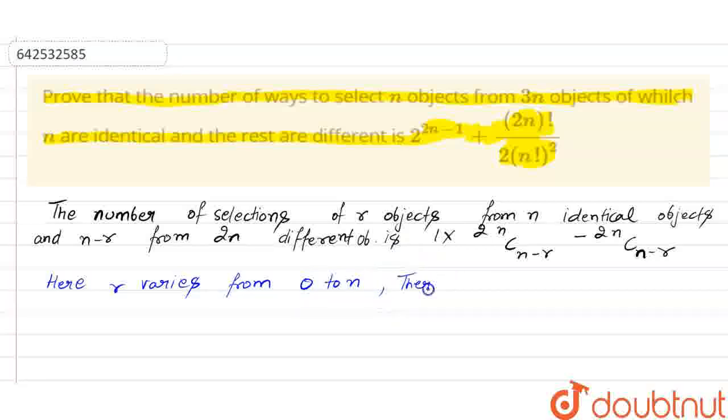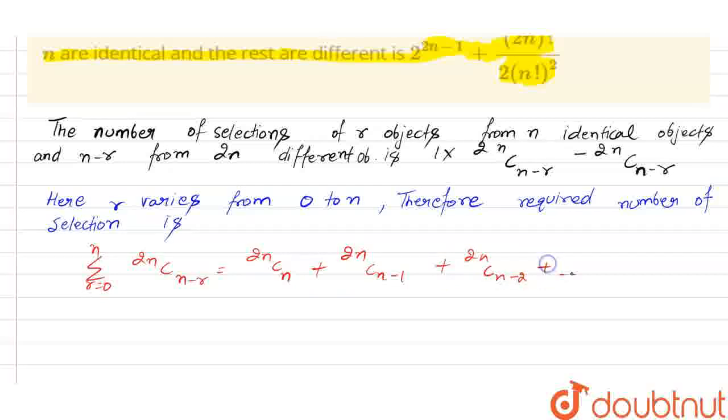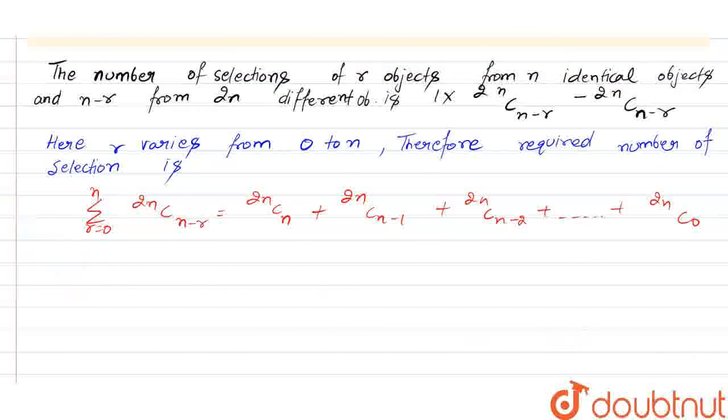Therefore the required number of selections is, we can write, summation r equal to 0 to n of 2n c n minus r, that will be equal to 2n c n plus 2n c n minus 1 plus 2n c n minus 2 plus ... plus 2n c 0.